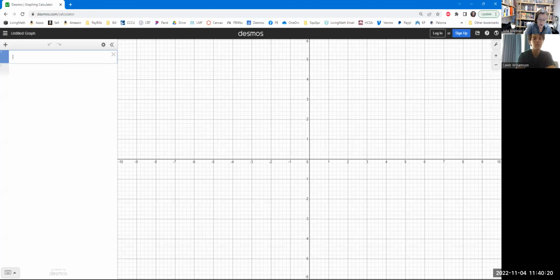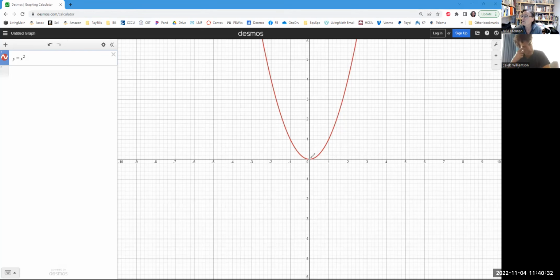If I have y equals x squared, you can see that everything grows by squares: over 1, up 1; over 2, up 4. You can graph any parabola this way. You don't actually have to plug in points.